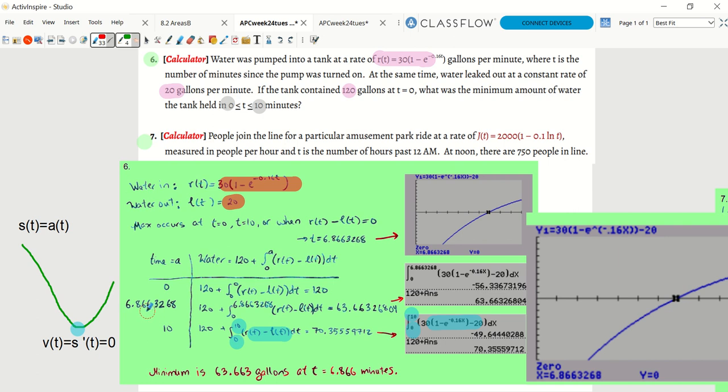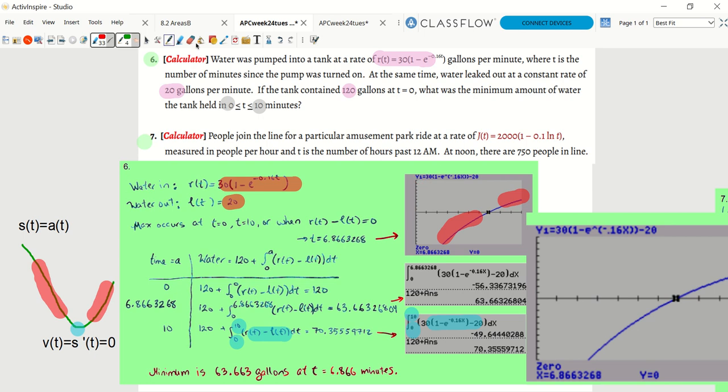Now this is where we know this is a minimum, because velocity and rates are at the slope level, since it's a derivative of the original amount or position function. The slope is negative and then the slope is positive, which means this is a minimum at the position or amount level.